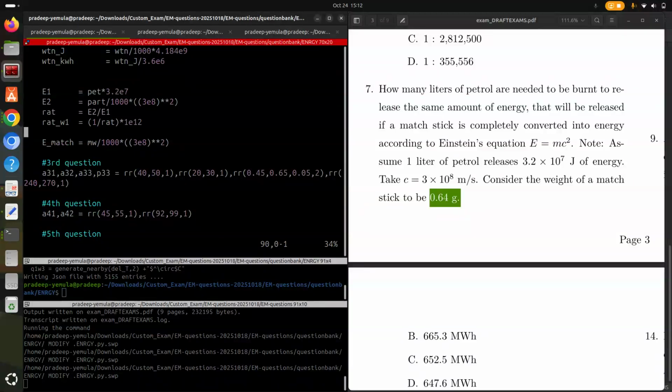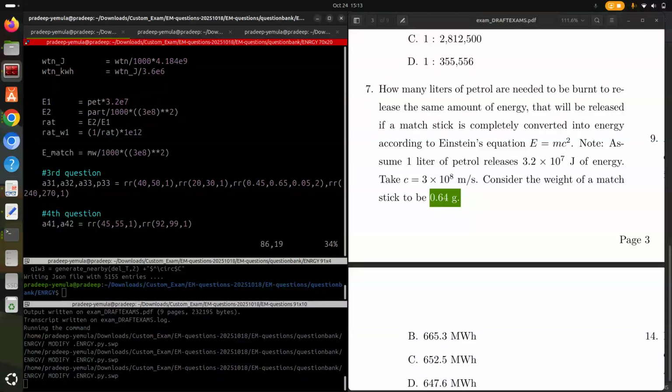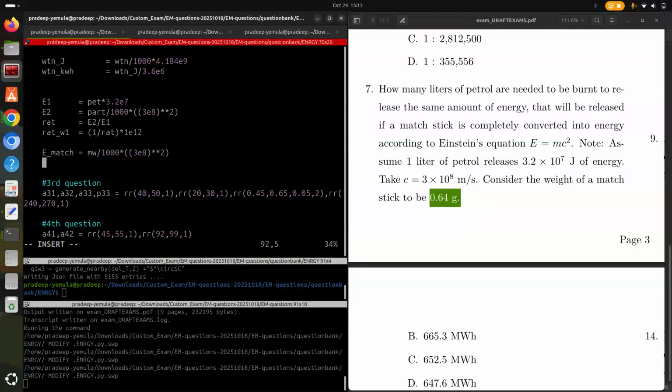Now that one I need to divide by 3.2 E7 to get the petrol weight.